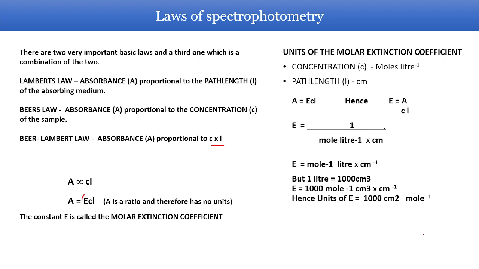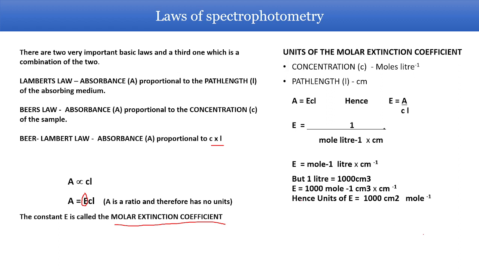Then we introduce a proportionality constant, that is epsilon. So epsilon is the molar extinction coefficient. What can be the unit of the molar extinction coefficient? Concentration is moles per liter. Path length is centimeter. So we get mole inverse liter centimeter inverse.